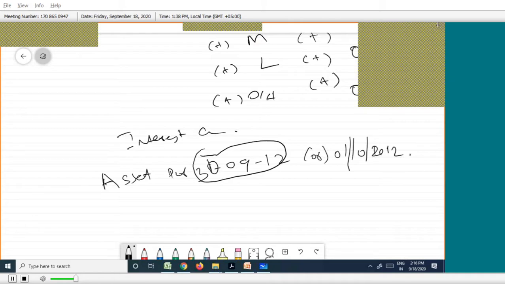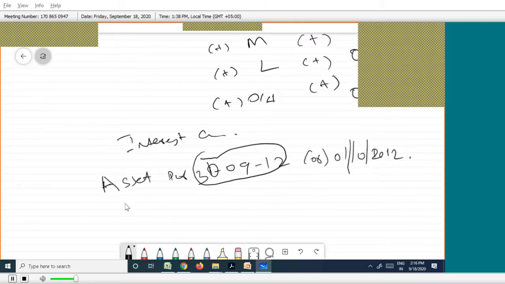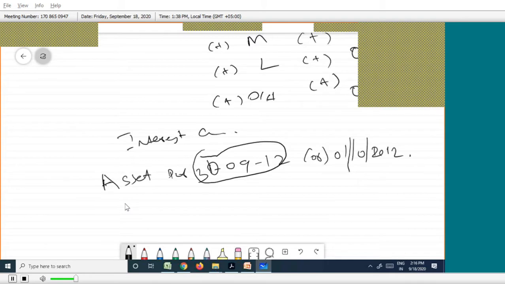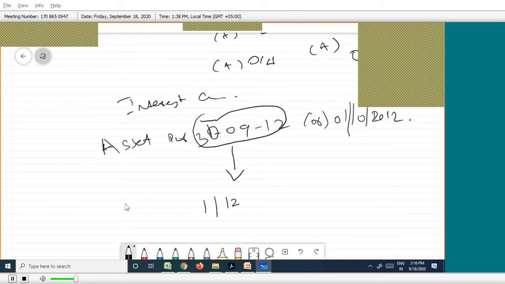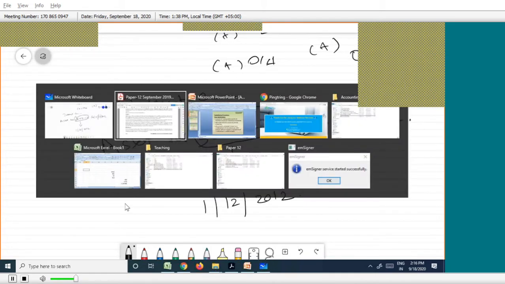Not available. It is not available on 30/9/2012. The asset is available for use only on 1/12/2012. Correct.